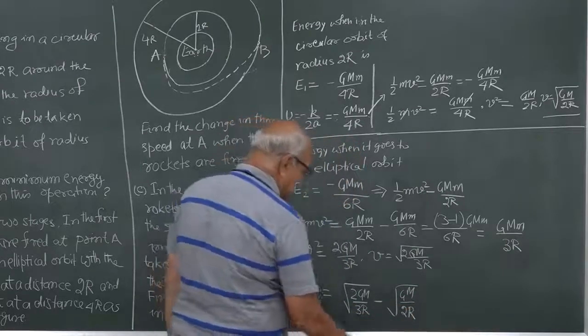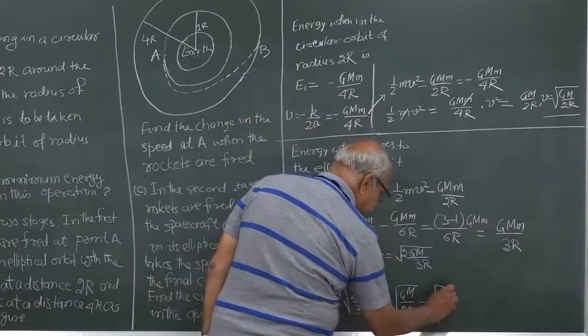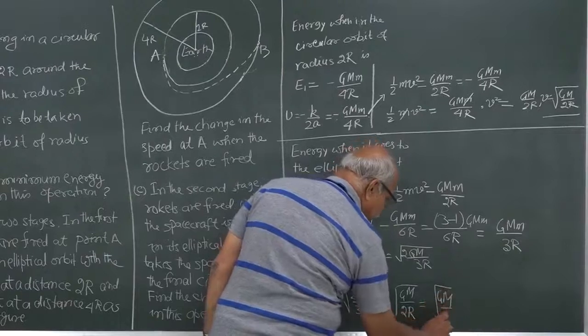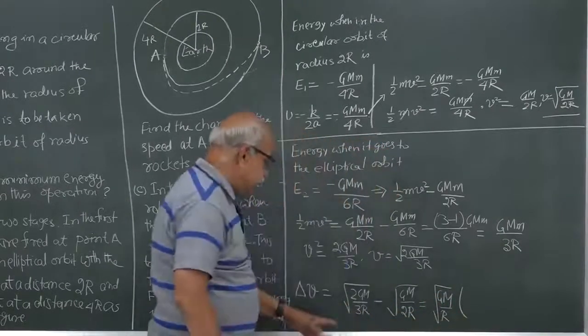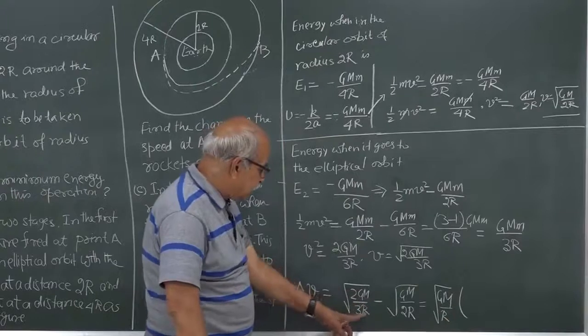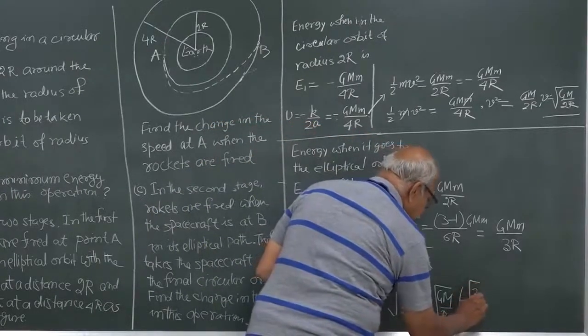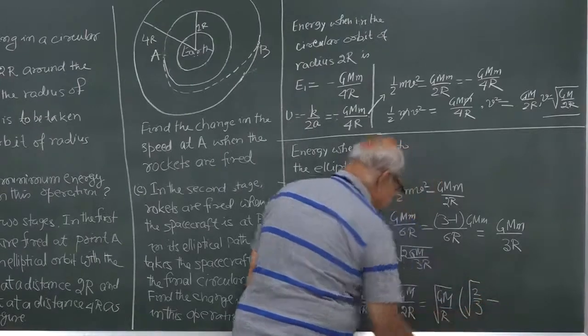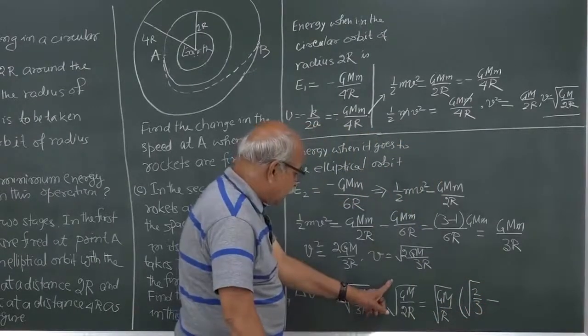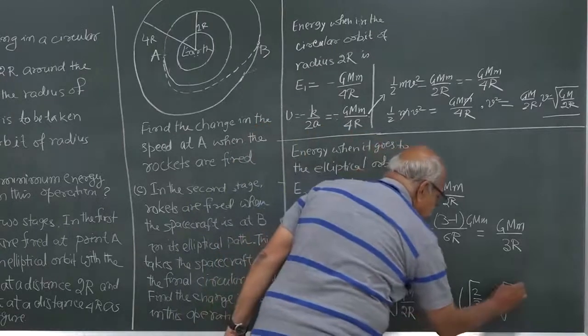That is it. If you take the square root of GM by r common, what you are left with is square root of 2 by 3 minus square root of 1 by 2.